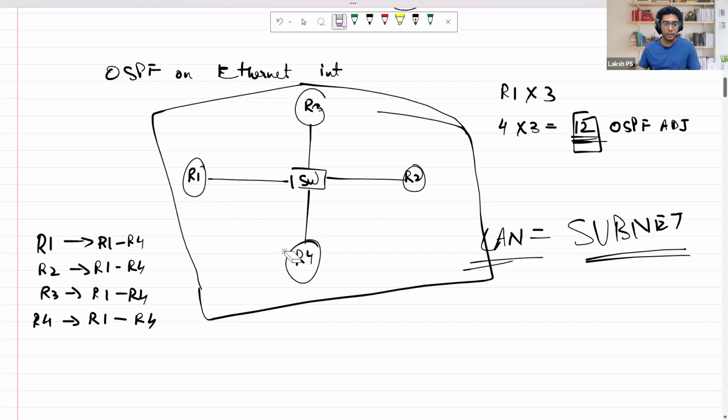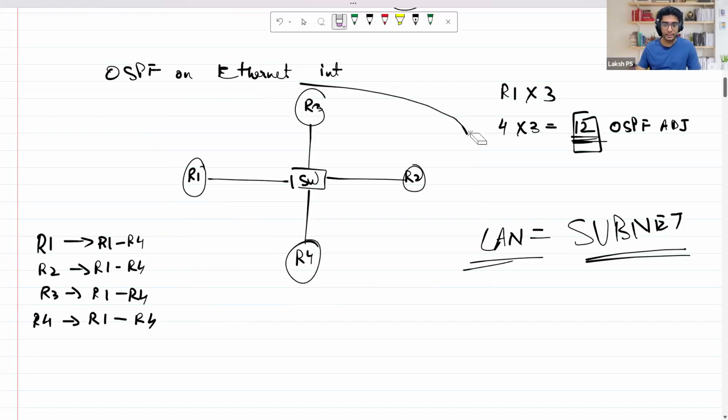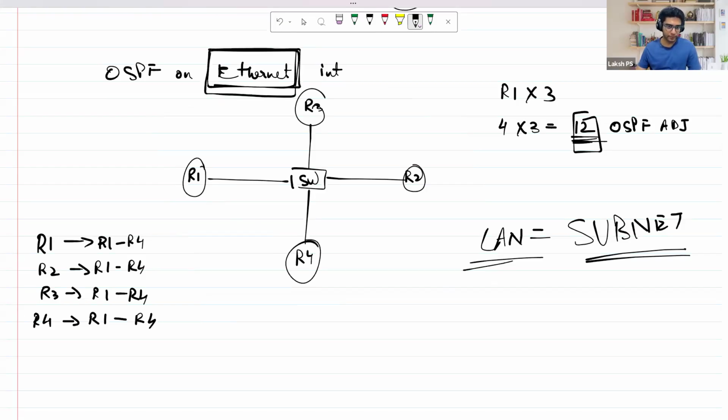That feature is a special feature created only for Ethernet interfaces, only and only for Ethernet interfaces. In this case, the master that I was talking about is called the designated router.